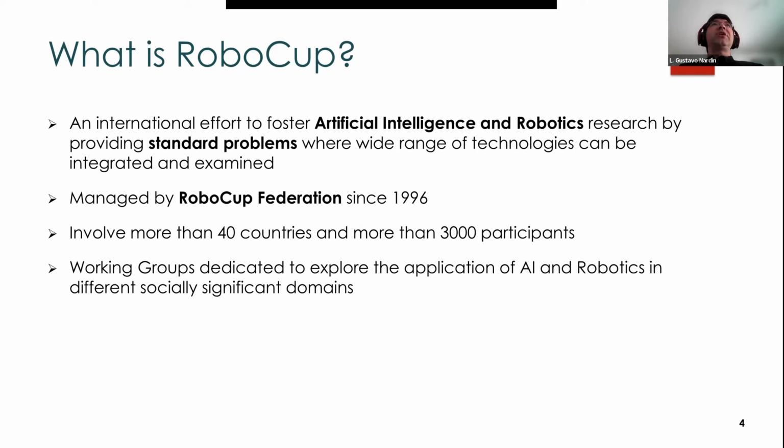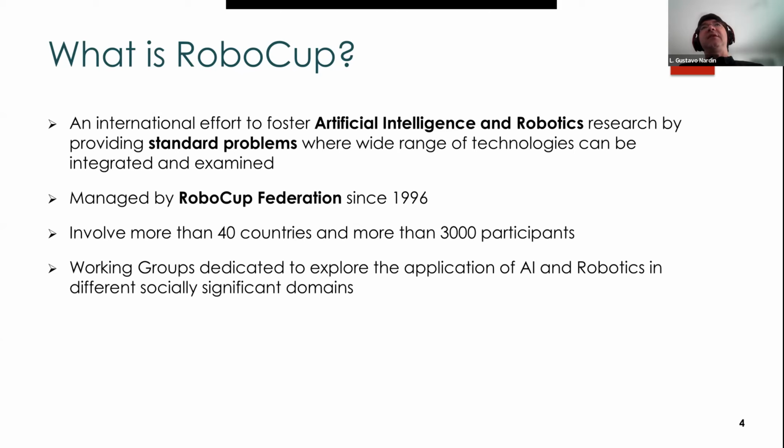Well, the RoboCup is divided into different, what we call leagues, but I prefer to call them working groups, because they are working groups dedicated to different applications of AI and robotics in different socially significant domains.